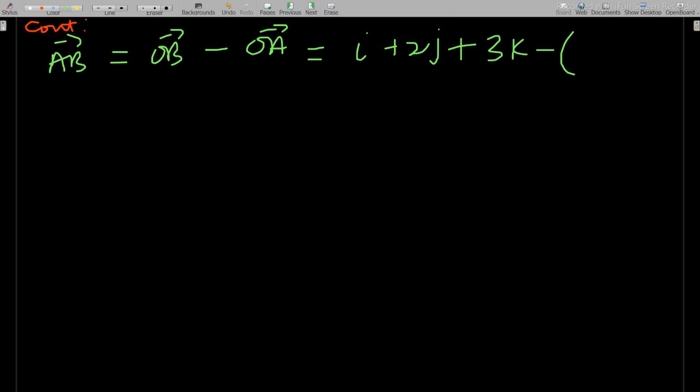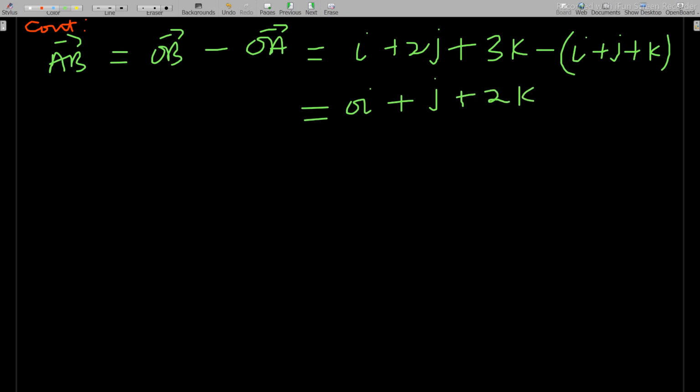Now minus A, which is 1, 1, 1, like that. The negative is affecting every term, so 1i minus 1i, I'll get 0i. Is it 0i? Yes, then plus j and plus 2k.